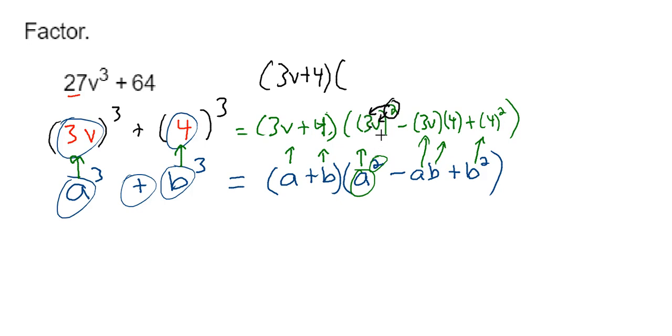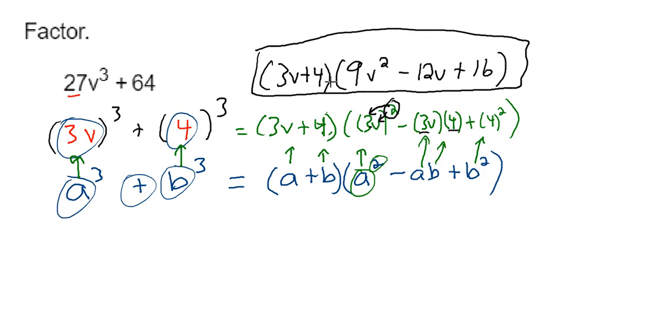It's only when you're adding and subtracting that you can't distribute your exponent. And so this will be 3 squared, which is 9, times v squared, minus 3 times 4 is going to give me 12 here, and then I'll just copy the v over, plus 4 squared, which is going to be 16. And so that's how this one's going to factor.